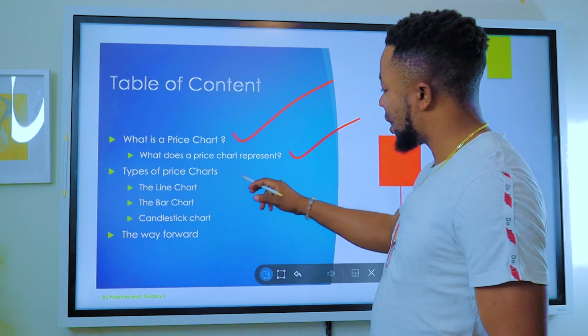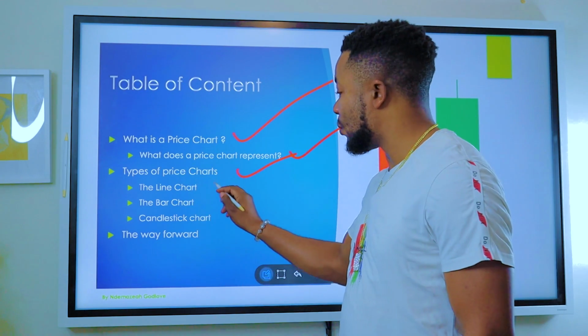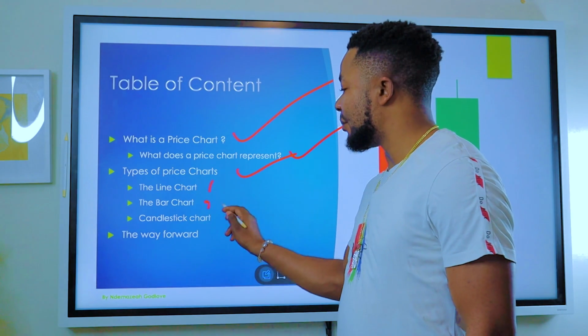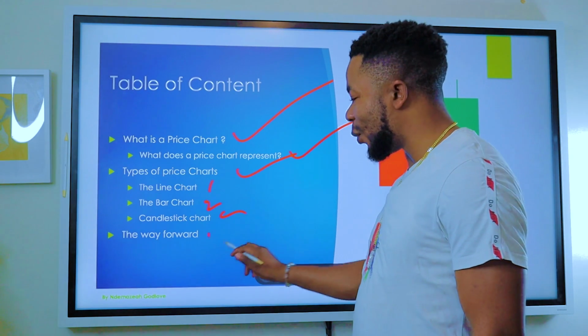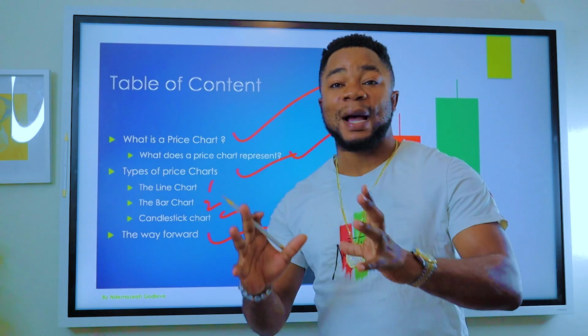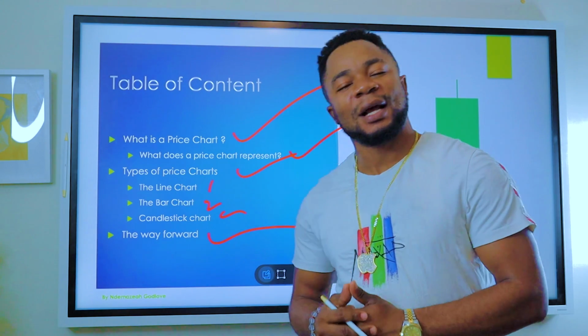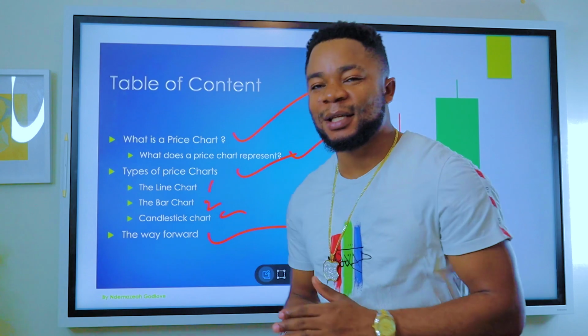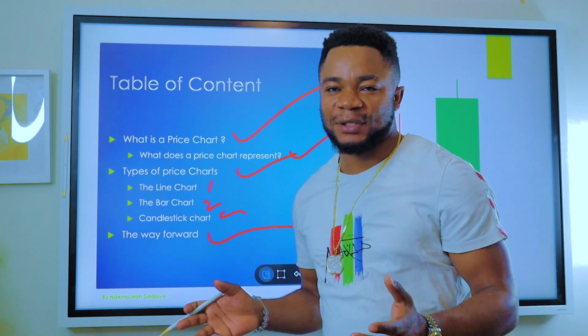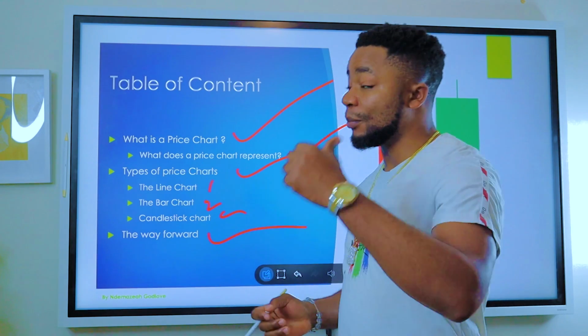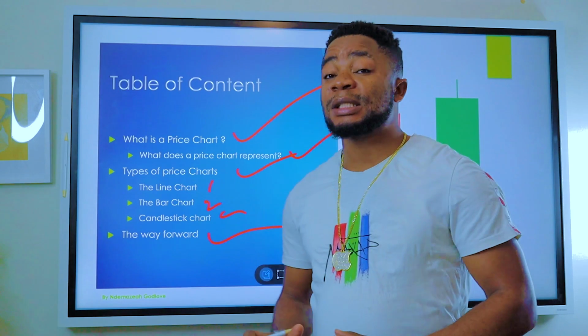Then types of price chart, because when it comes to price chart we have number 1, a line chart, a bar chart and a candlestick chart. And then the way forward: how can you combine all these 3 charts to better maximize your profit as a forex trader? Trust me, you can't neglect this concept. Just as I informed you on my previous videos, all the videos on this course are linked.